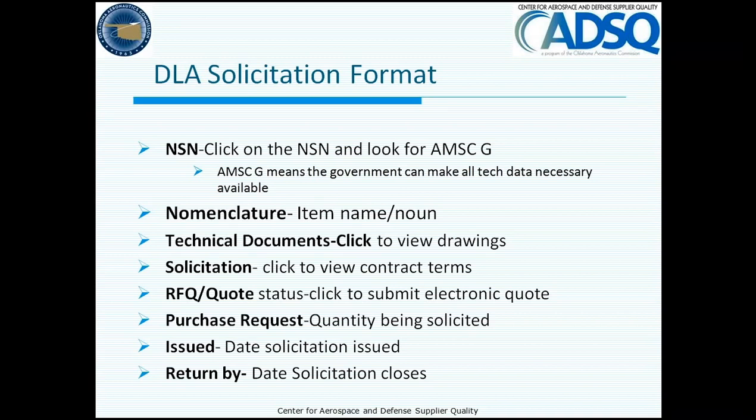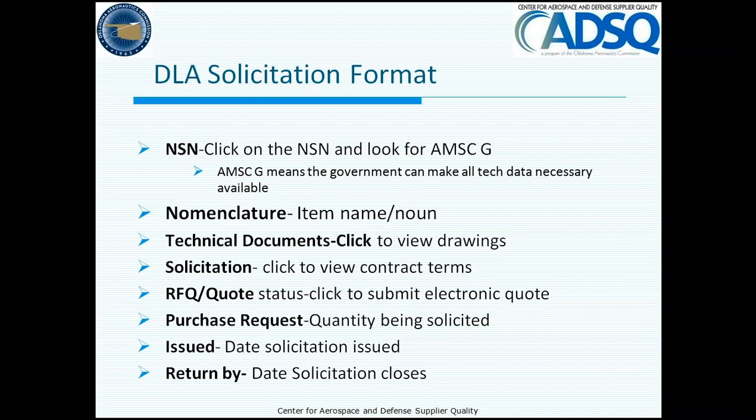Now, the solicitations are listed by the name and the noun, and I'll talk about that. It also has technical documents, and if you want to look at the drawings under technical documents, you just click it, and I'm going to show you how to do that. The solicitation is also there, and that is basically your contractual document with the government.